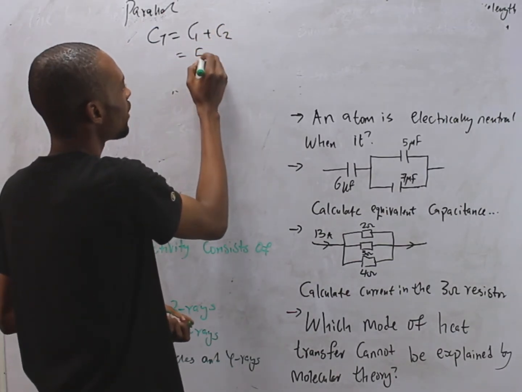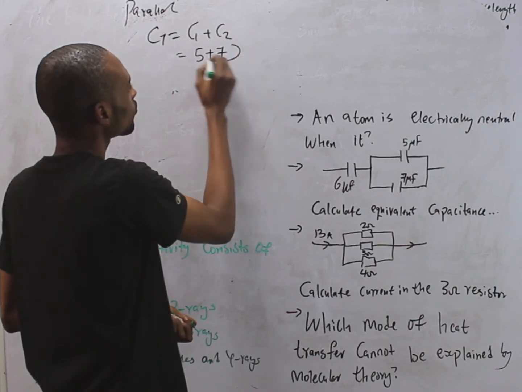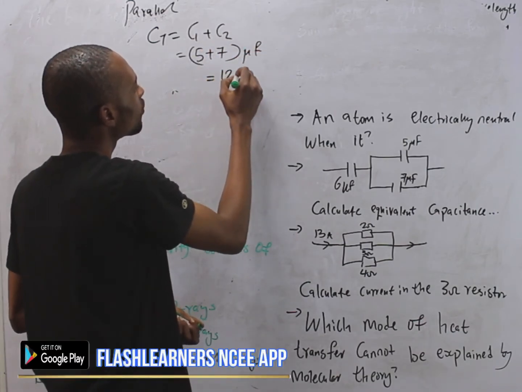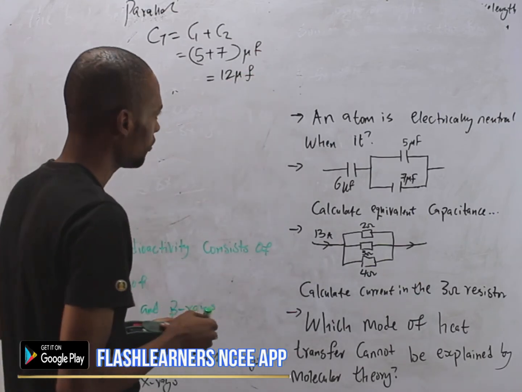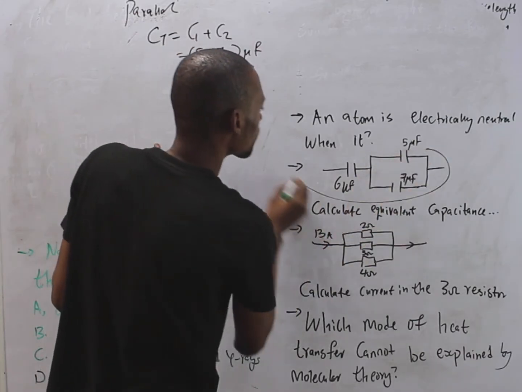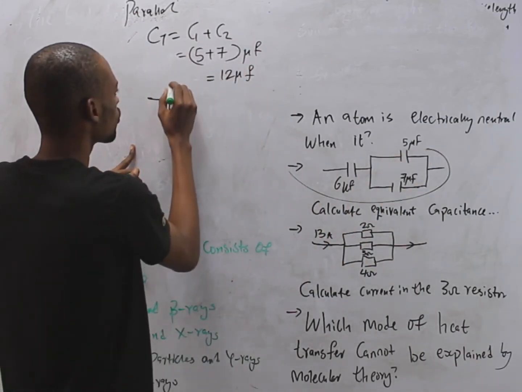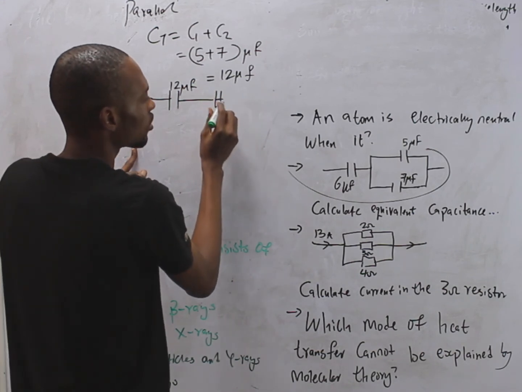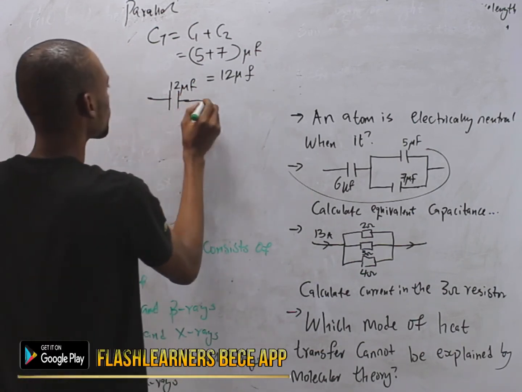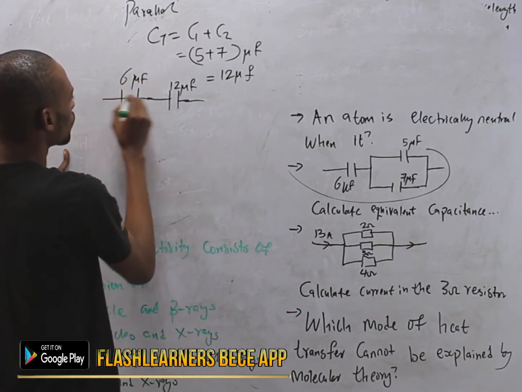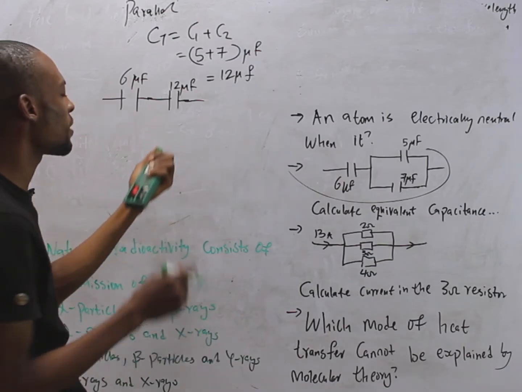That is 5 plus 7, and this equals 12 microfarad. The 12 microfarad becomes 12 microfarad in series with 6 microfarad.